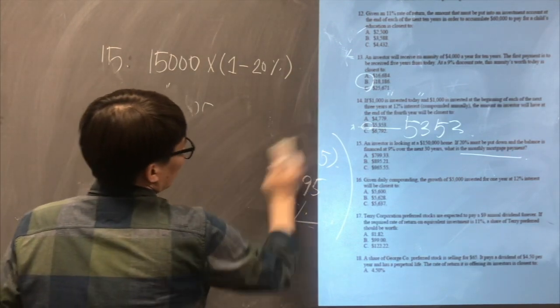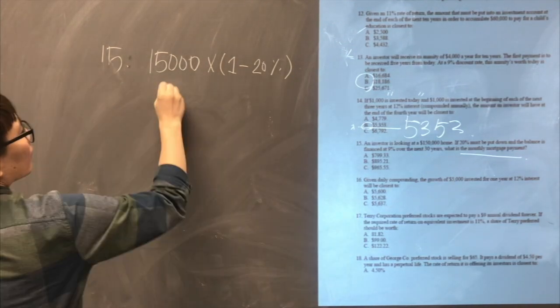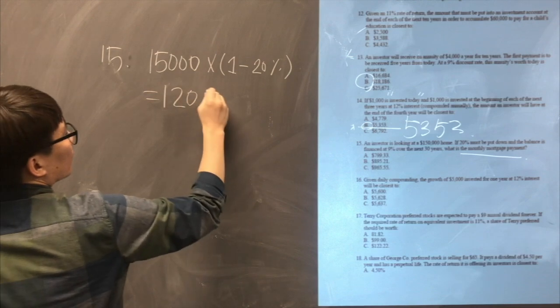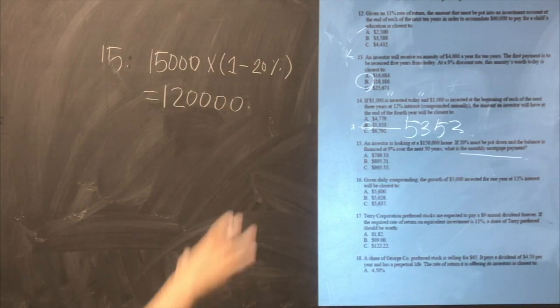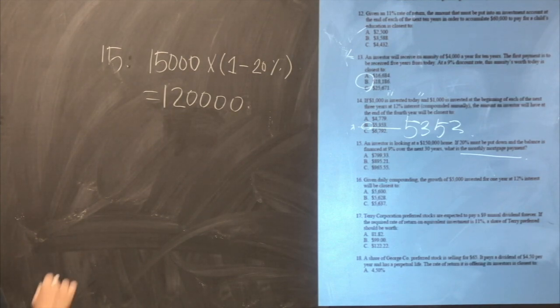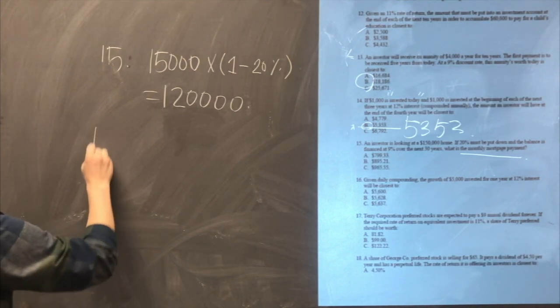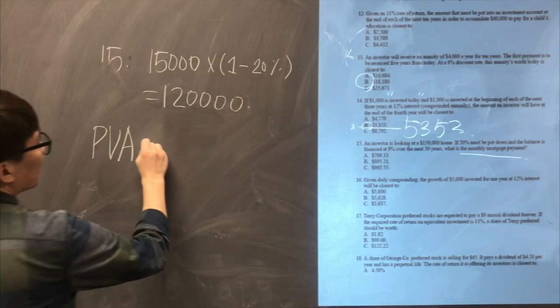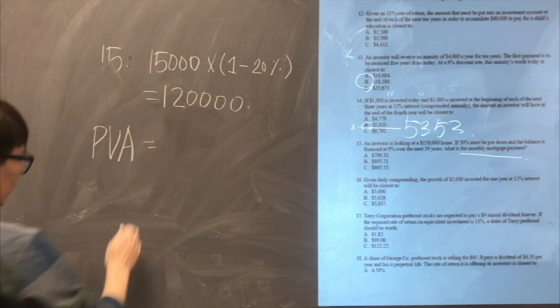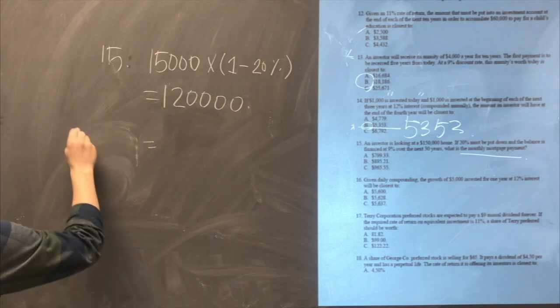Now we need to figure out the monthly payment. So read the question again. We already know our present value of annuity. This will be the present value of annuity in this case.